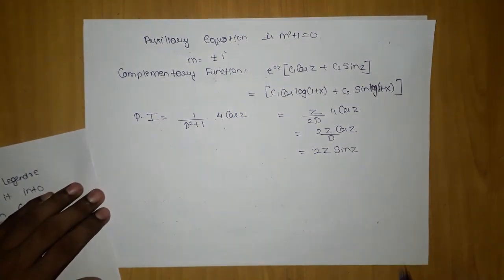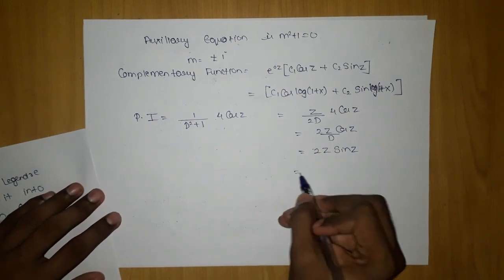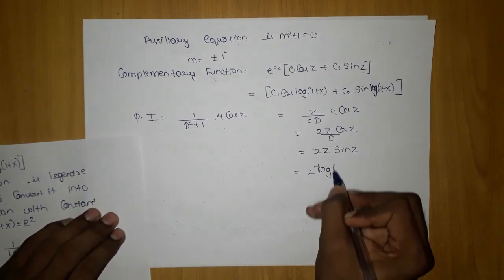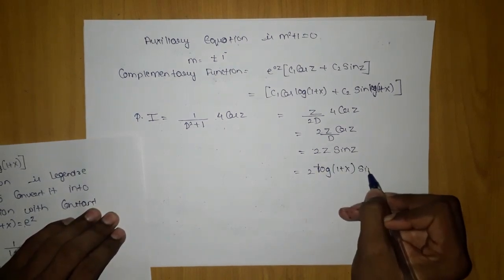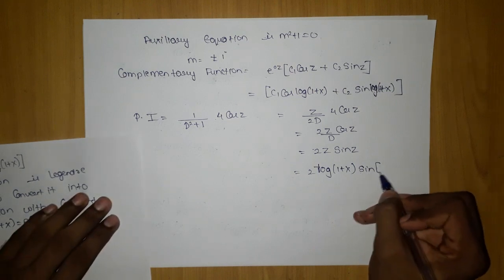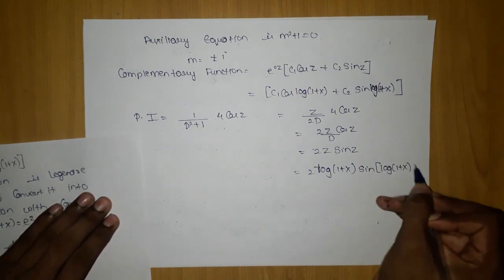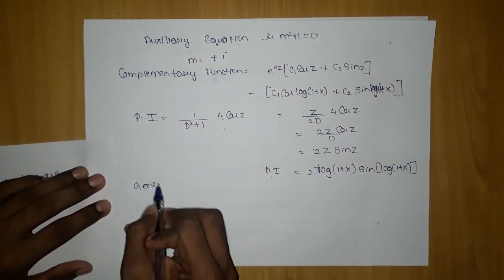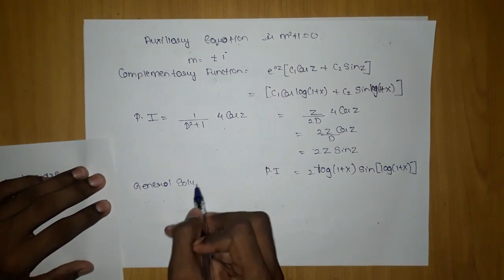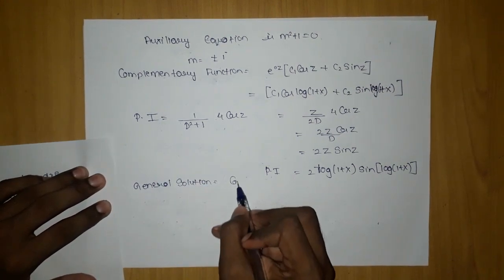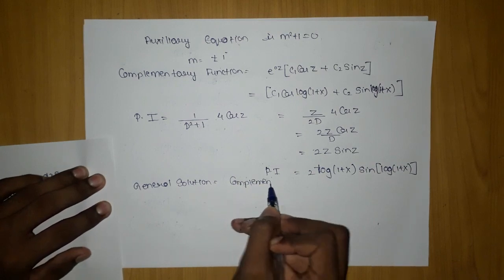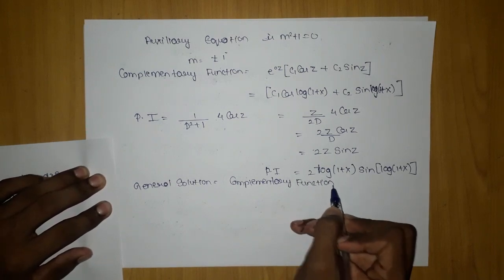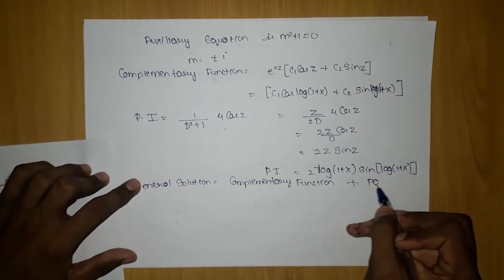Now we know the particular integral should not be in terms of z, it should be in terms of x. So we are going to replace the values. z is nothing but log 1 plus x, and sin z will also be in terms of log 1 plus x. So you got the particular integral. Now you can write the general solution, which equals the complementary function plus the particular integral.